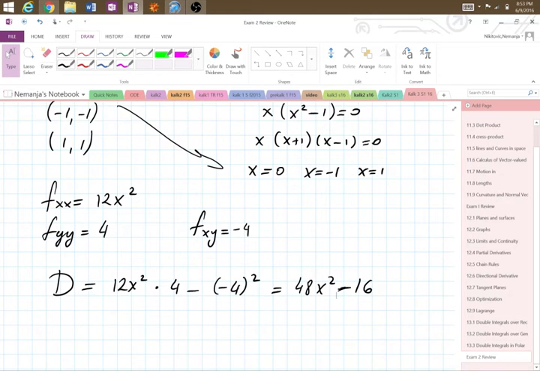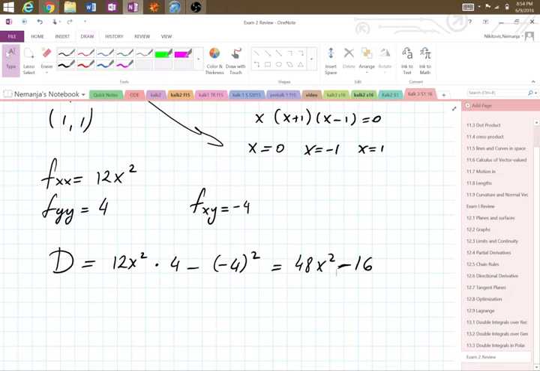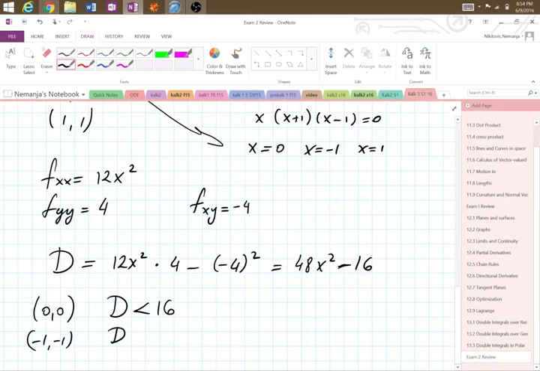So now we are going to test the first point, which is (0, 0). So D is negative. For (-1, -1), D is positive.